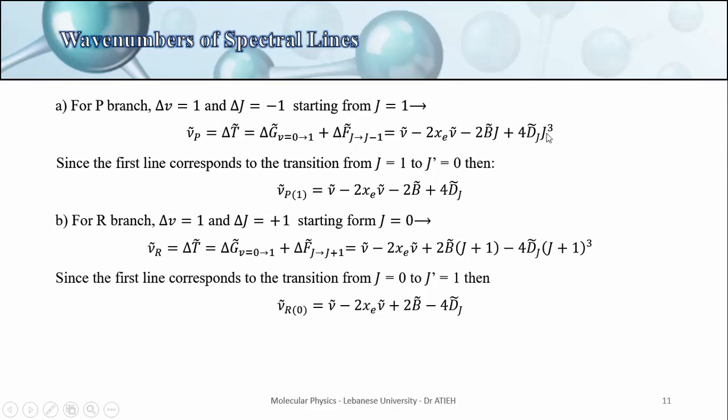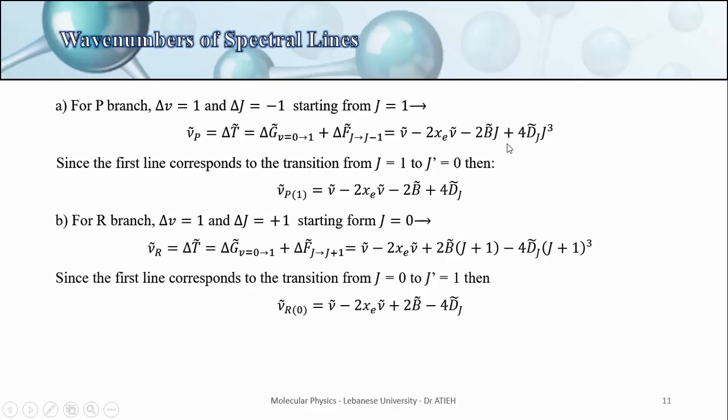You can see it here. This part is related to vibration and this part here is related to rotation. This is the centrifugal distortion correction here. And down here, this is the wave number corresponding to the R branch, and as you can see, this is the vibrational part and this is the rotational part.